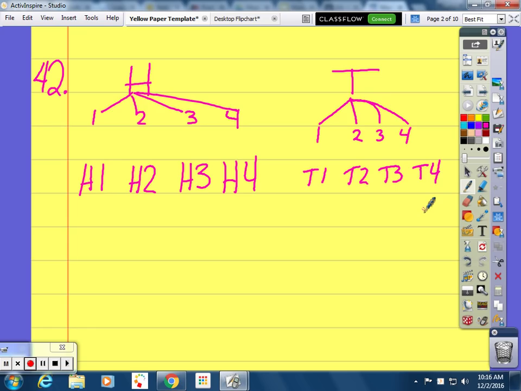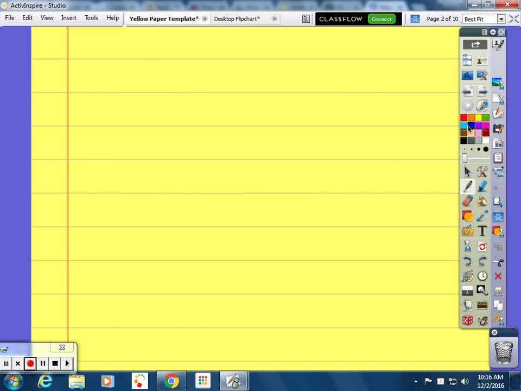Moving on to number 43. Number 43 says line KN represents a proportional relationship. Point N is at (18, 12) as shown on the graph below. Which ordered pair could represent the coordinate of point K?